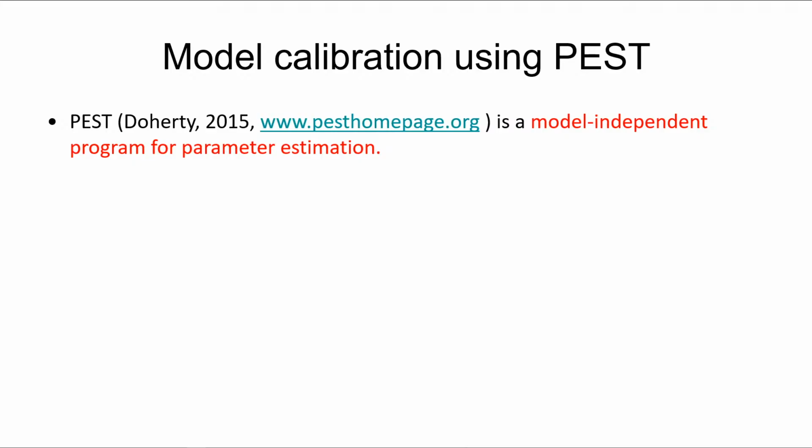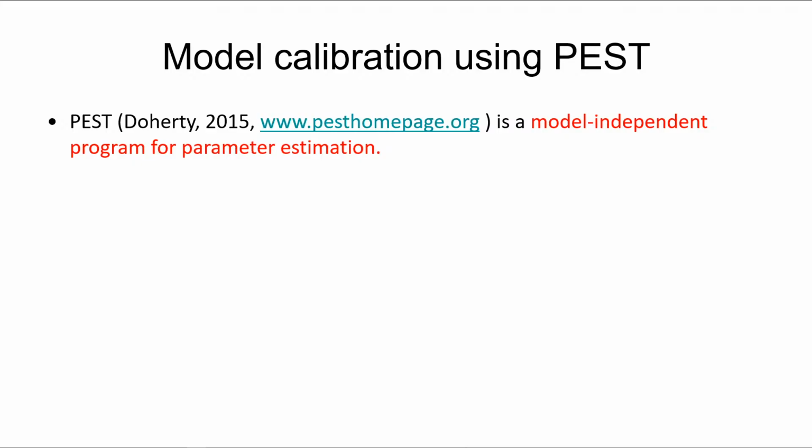Then you can manually change the hydraulic conductivity value in this zone. Say it's 8, I will make it 10 and run the model again. Now I'm getting a better value, so maybe change it from 10 to 12. Now I change it to 12, and the value is not as good. Okay, maybe it's between 10 and 12. Let me change it to 11. So you can do this manually, but that's very time consuming.